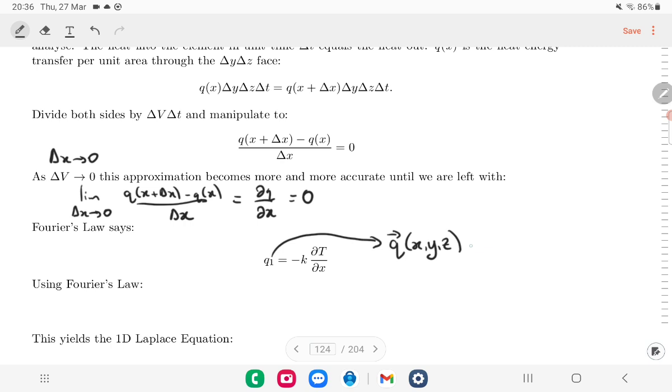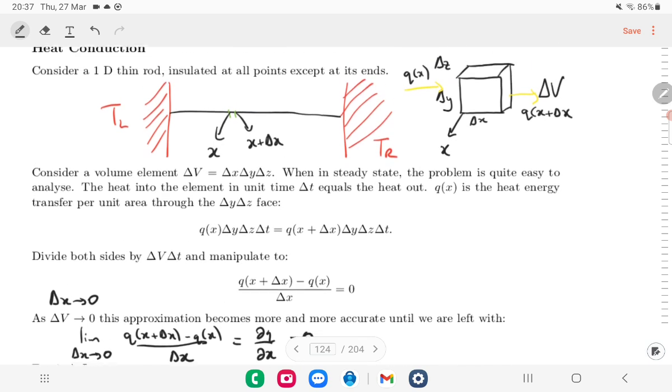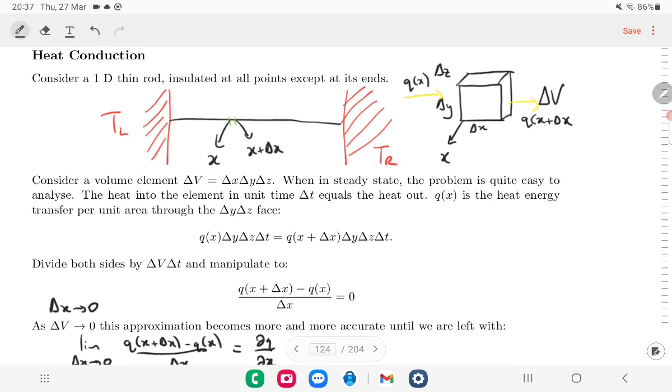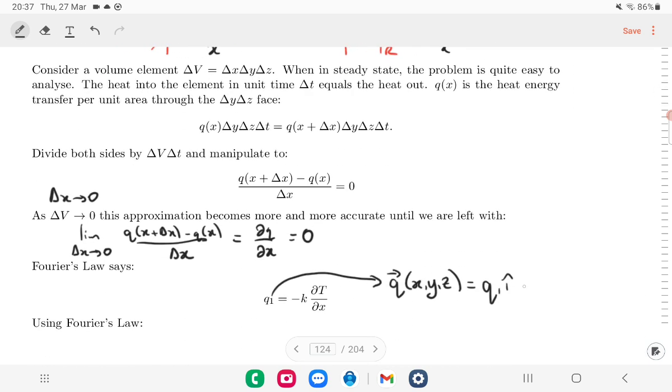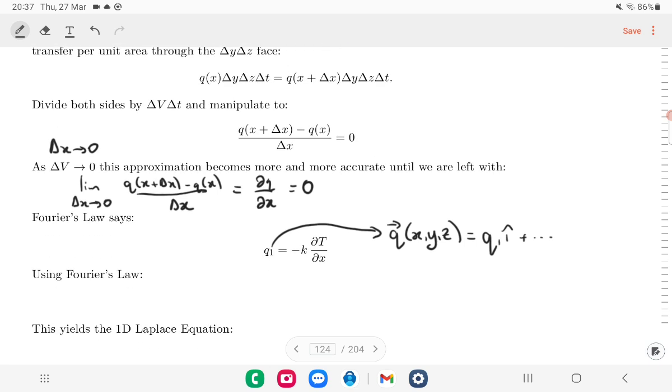I think the notation I was going for here is Q1 in the i direction, and the i direction is that yellow arrow, and then whatever else you have there. So it's saying here that the heat flow is proportional to the temperature gradient. This probably is something we did in the previous section. It's basically just saying that when there's a difference in temperature, that's when heat flows.